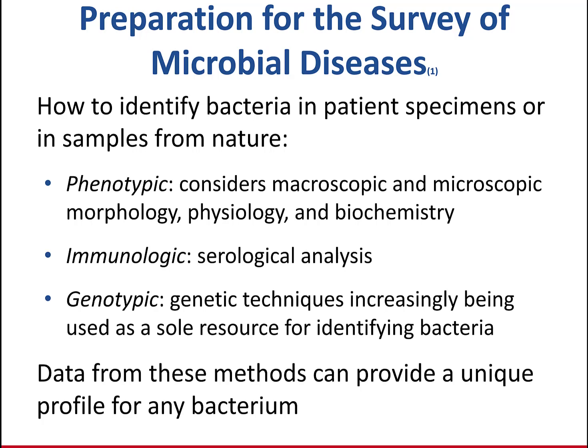So, how to identify bacteria in a patient specimen sample. This follows along pretty much everything that this course is about, and it's a good time to discuss that. We're going to look at the phenotypic type, which considers the macroscopic and microscopic morphology, physiology, and biochemistry of the bacteria. The immunological looks at serological types of analyses that we can do, and the genotype is genetic techniques.